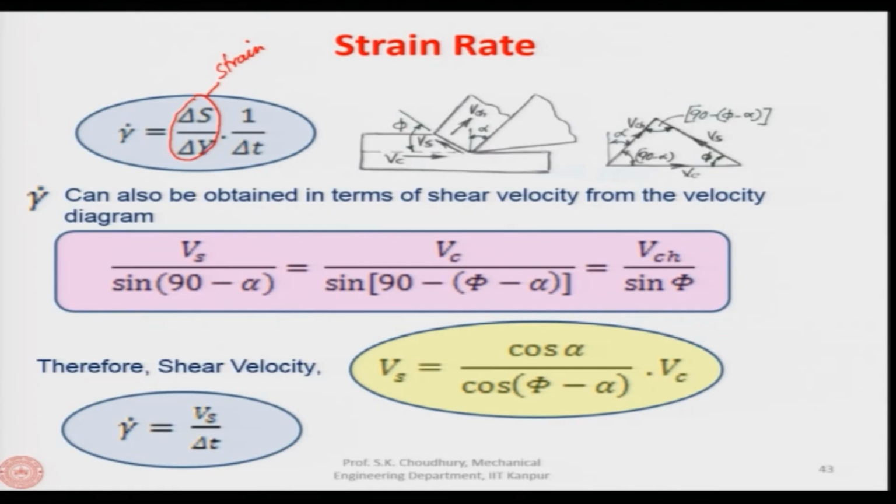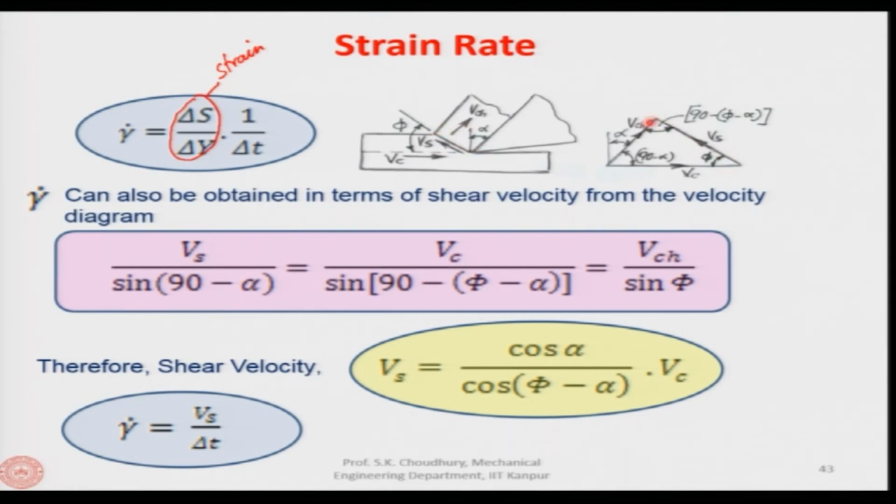Now, this can be found out if we have the diagram here. See the rake face of the tool, chip is flowing along the rake face of the tool, and the chip velocity is here. So, the shear velocity is along the shear plane, and cutting velocity is here as we have shown there earlier. So, if we join them, let us say this is the direction of the chip velocity, this is the direction of the cutting velocity, all right, and the direction of the Vs is along the shear plane.